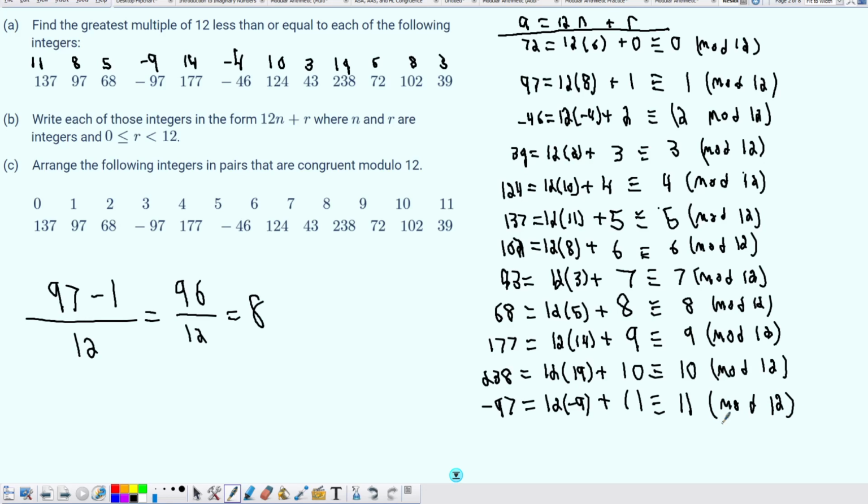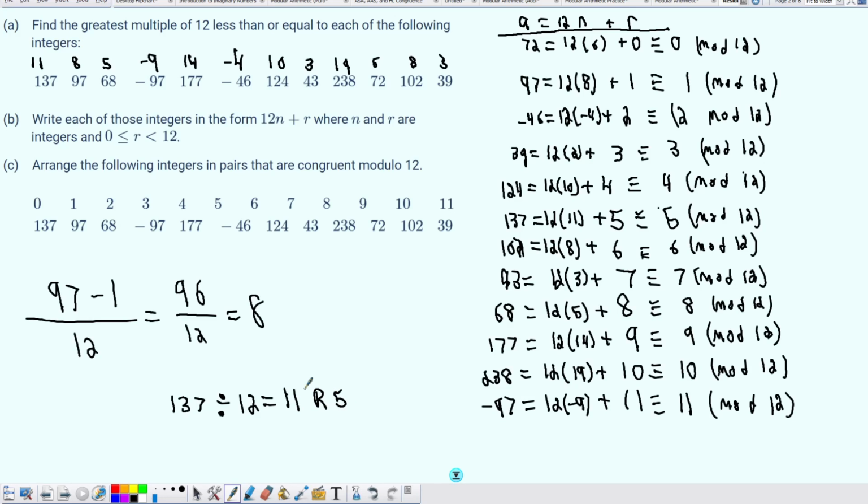So those are all the pairs that we have. Negative 97 pairs with 11, 238 pairs with 10, so on and so on. You could have done the division by brute force, like for instance 137 when divided with 12. 137 divided by 12 is 11 with a remainder of 5.